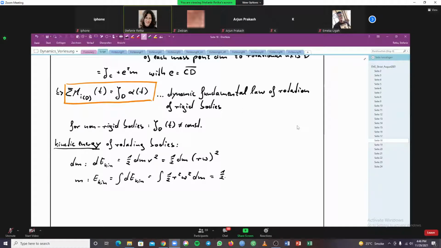The angular velocity, as the angular acceleration as well, has the same value in the entire object. It's independent of the position. We do not have to integrate over omega. We only have to integrate r squared dm, and I think you see where this is going. The integral corresponds to our mass moment of inertia again. And of course, in general, it's time dependent.